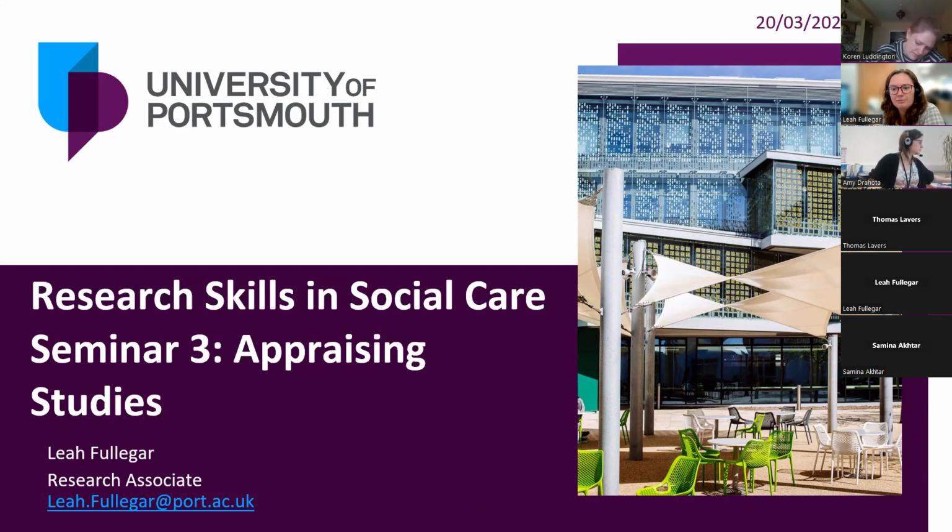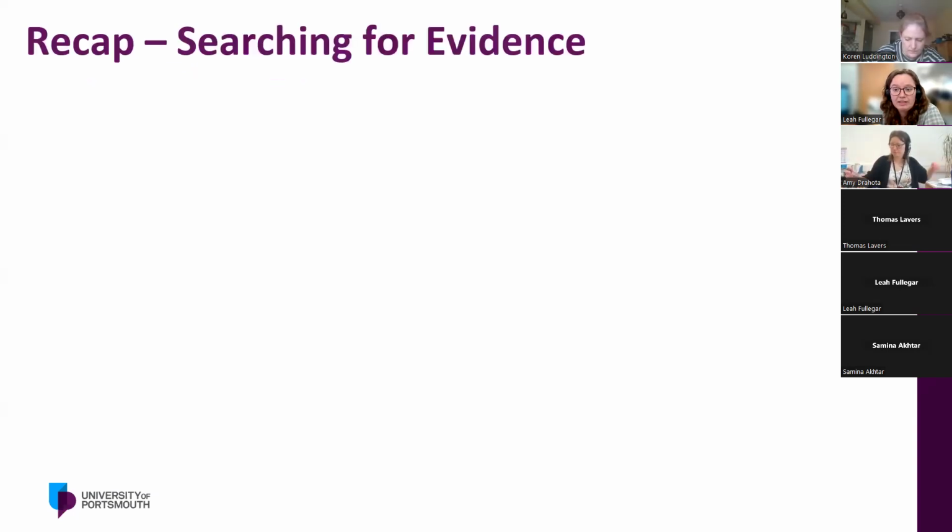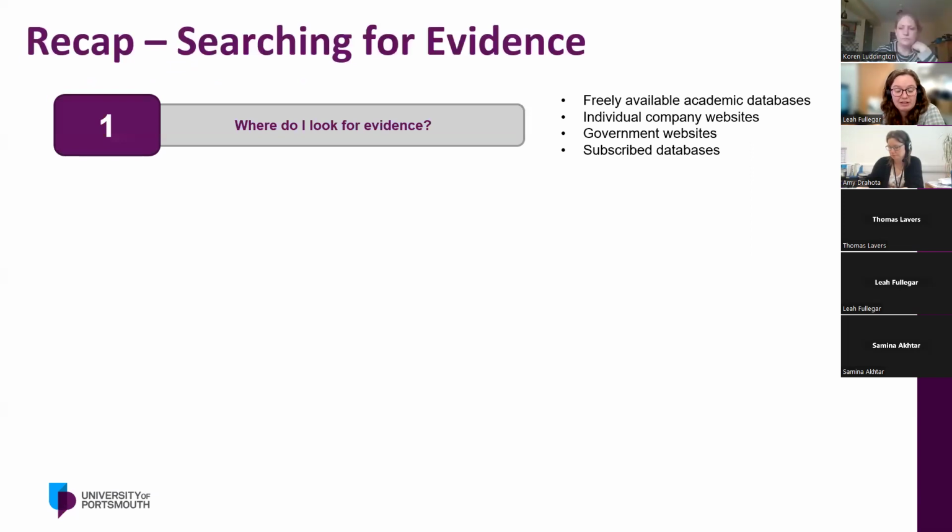And you may remember from the last session, we looked at where to look for evidence and how to build a search strategy. We looked at finding freely available academic databases, individual company websites, government websites, and subscribed databases.